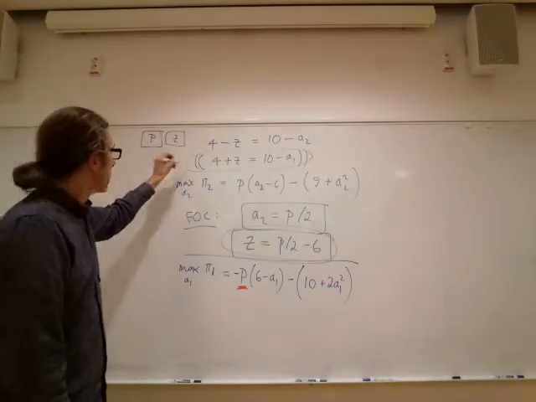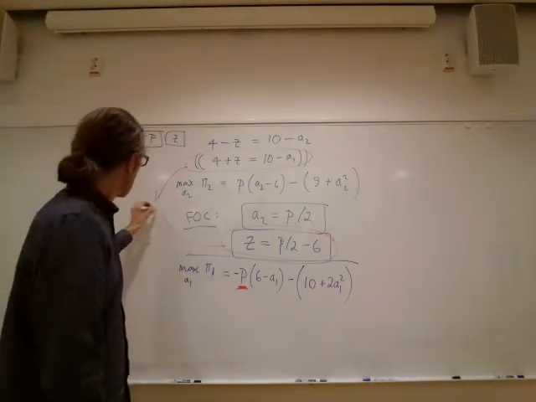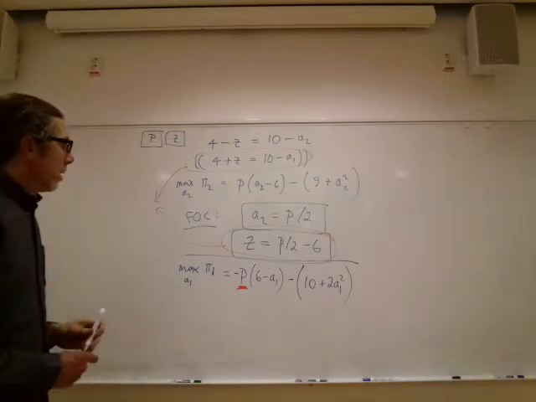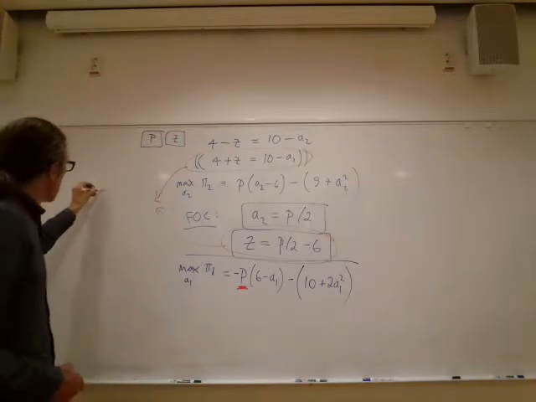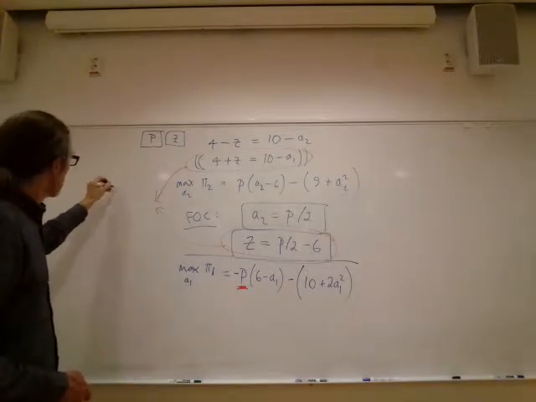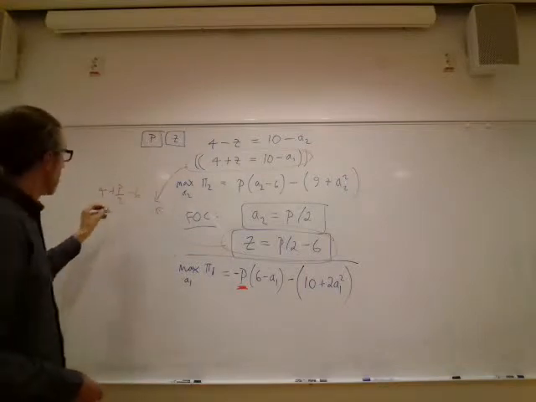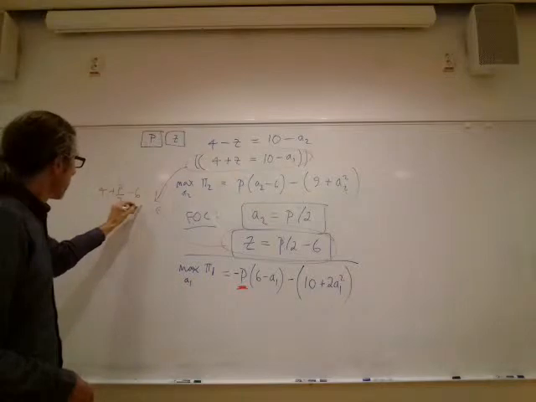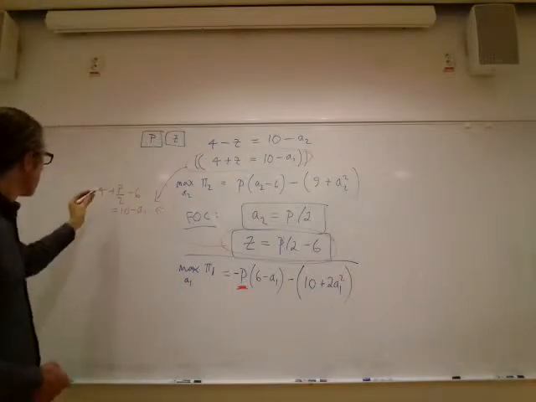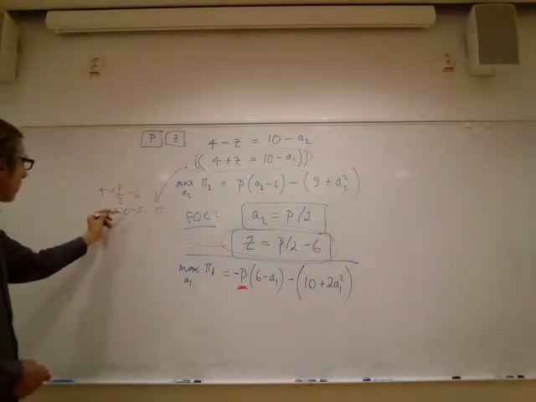So if we put these together, we get 4 plus P on 2 minus 6, 4 plus Z is 10 minus A1. So that's minus 2, 12.